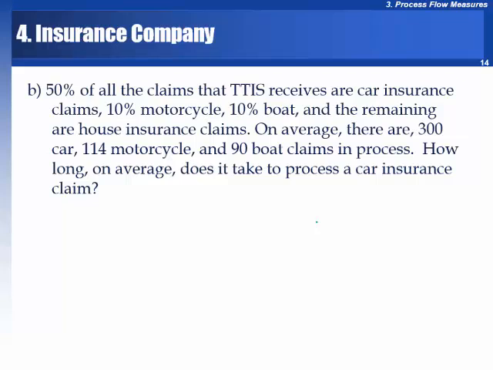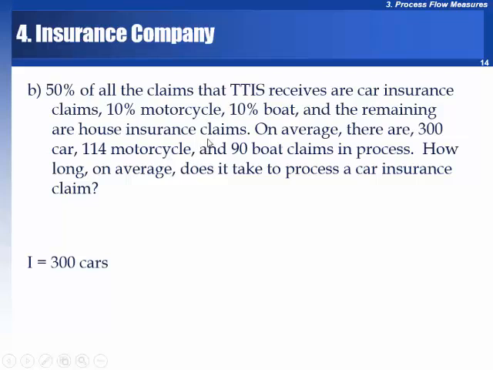Now, try to solve this part. Let's see what is the situation here. Inventory of cars is 300. We see it here, right? It is 300. Throughput of car is 50% of the overall throughput.